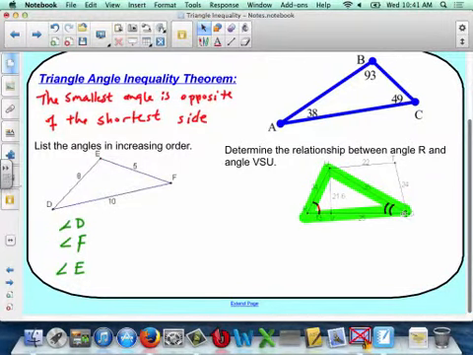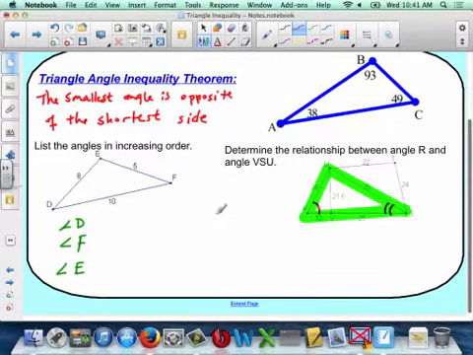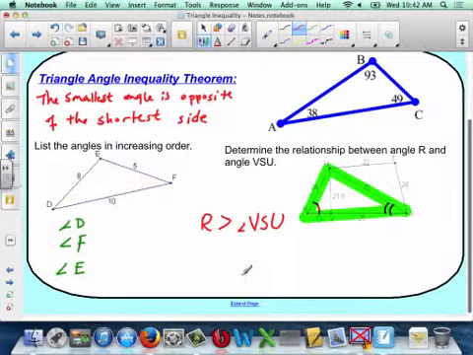What's the opposite side of VSU? 24. So which angle is bigger? So R. We would say that R is bigger than angle VSU.